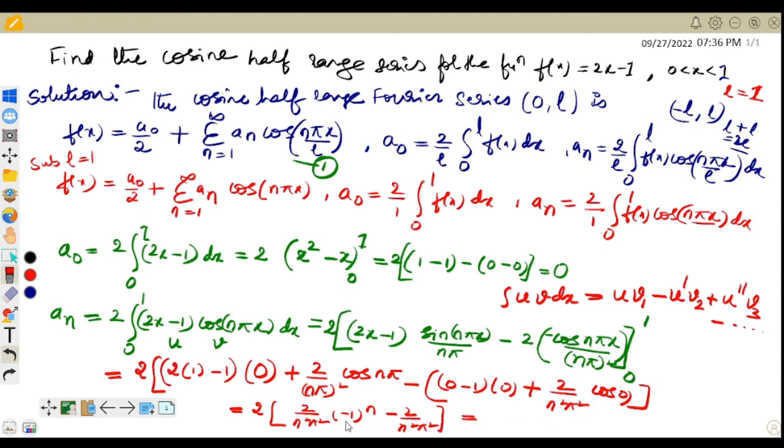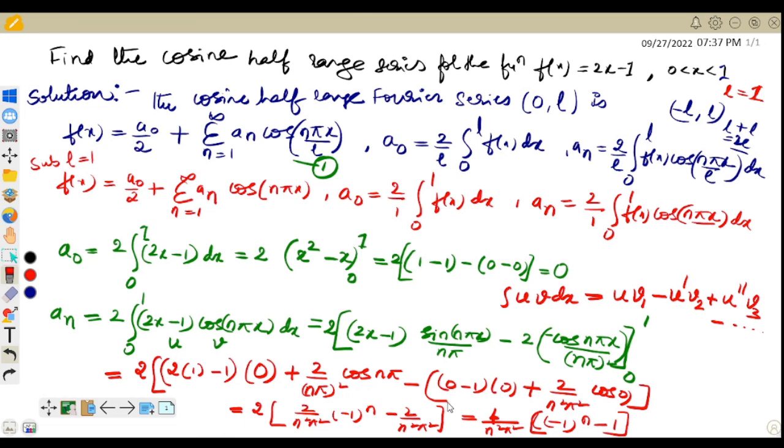What is common in these two? 2 by n square pi square is common. So 2 twos are 4 by n square pi square into minus 1 whole raised to n minus 1. So this is the value of a n.